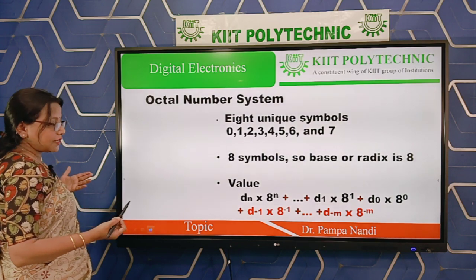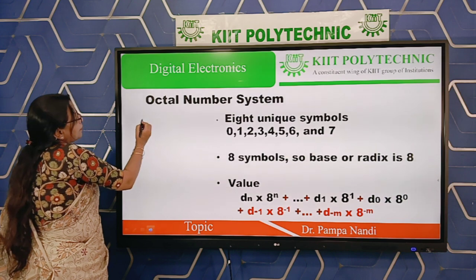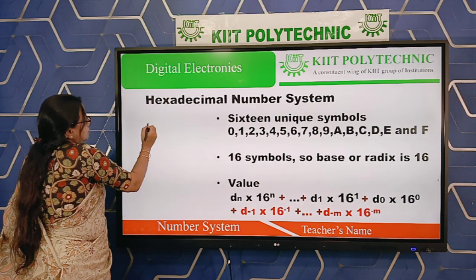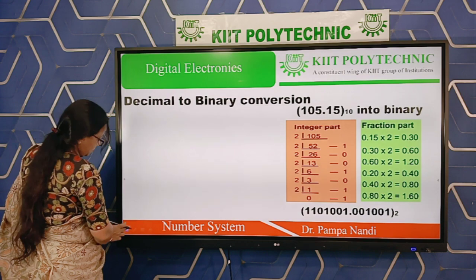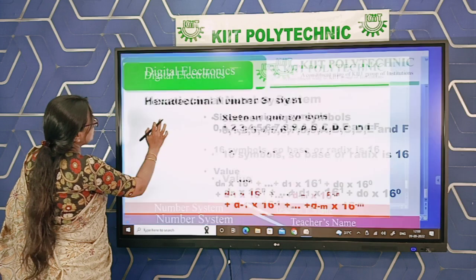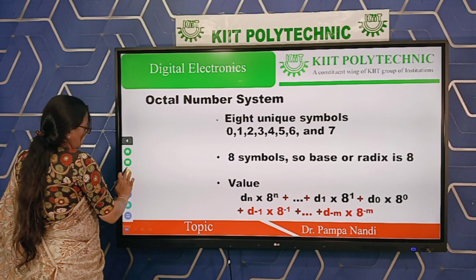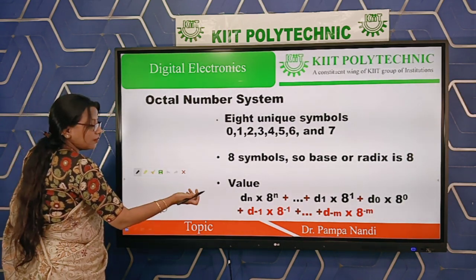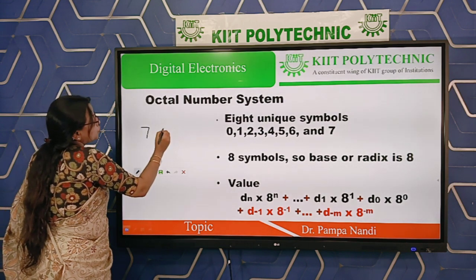Suppose I am giving one example of this. In case of octal, I am writing here an octal number, like 7 2.